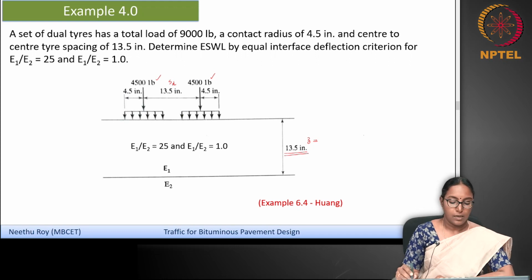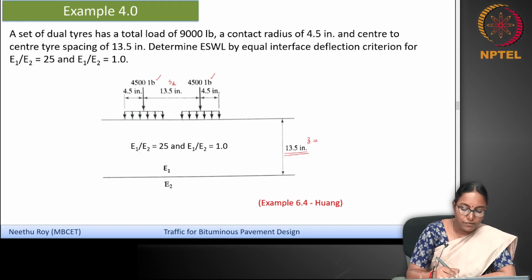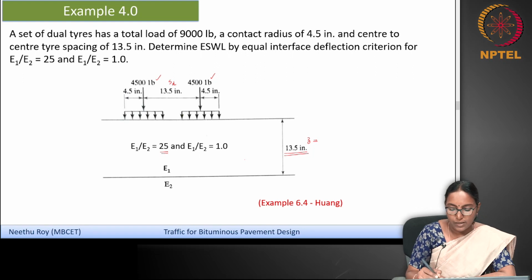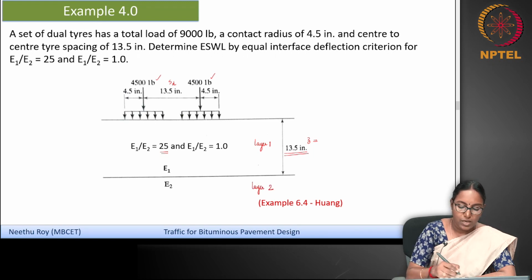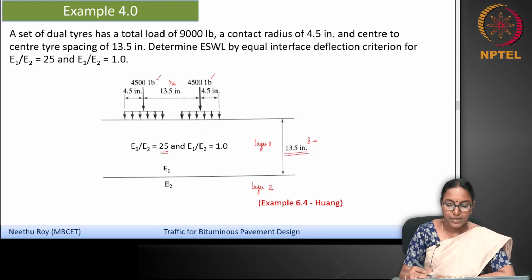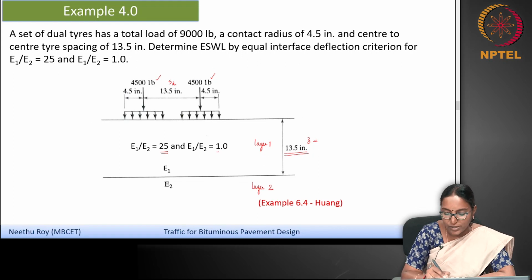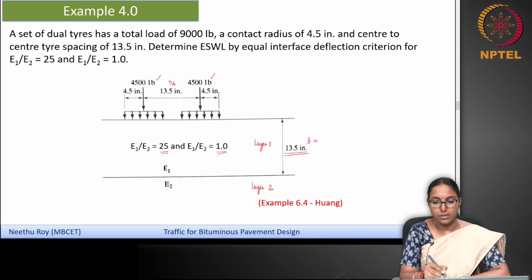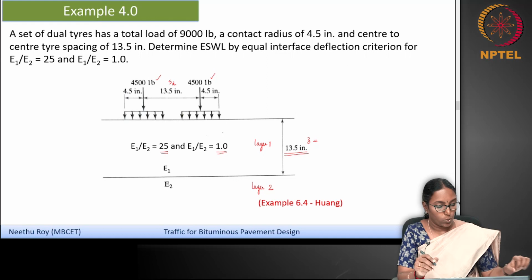And in this case, this is a two-layer system, and one is with E1 by E2 value of 25. So E1 is the modulus of the layer 1. So this is the top layer or the pavement layer, and this is the subgrade layer. So this is layer 2. So E1 by E2 ratio is 25, and at the same time you are also asked to check whether if it is a homogeneous half space, that E1 by E2 is equal to 1.